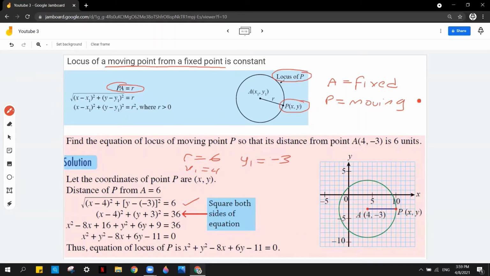What you do here is square both sides so that you remove the square root, and then you solve them accordingly, then you rearrange them. So the equation of the locus is as given as follows. If you notice here, the right hand side is always 0. Why? Because they want to show the equation in a standard format. Okay, so this is locus of a moving point from a fixed point.